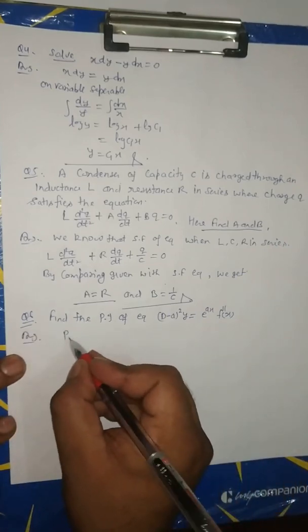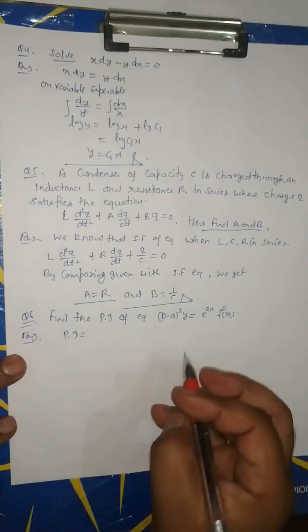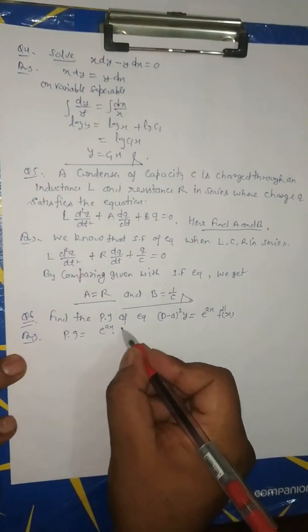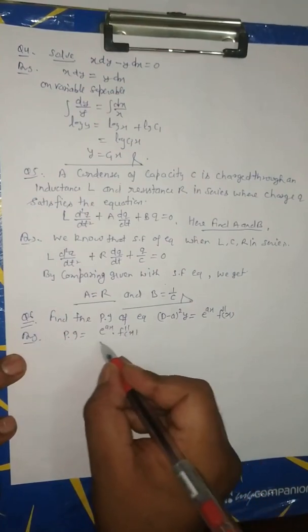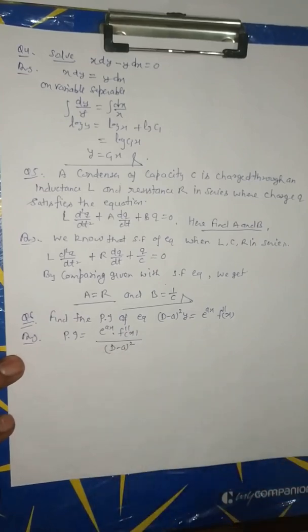Now answer: PI equal to particular integral e to the power ax f double dash x upon (D minus a) whole square.